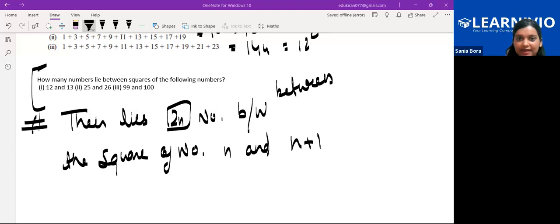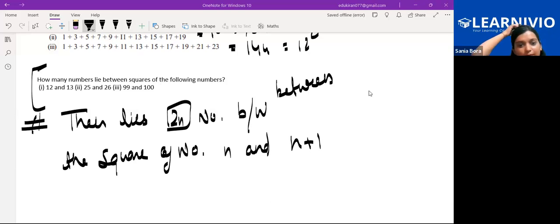If they don't satisfy this, then no. If in the question there are 12 and 13, yes, there should be n and n plus 1. If they are not satisfying this, then this statement or this property is not applicable. Okay, everybody has written and read it two times.